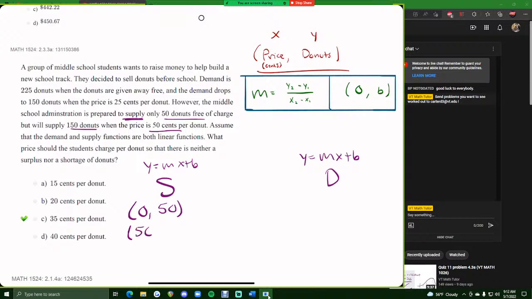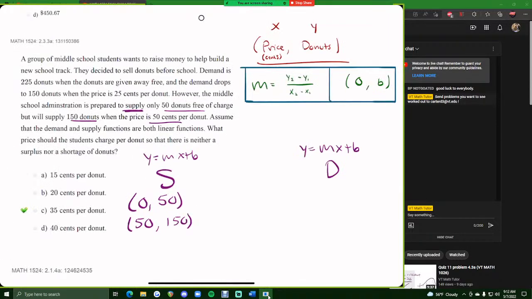So 50 cents is the price, and then 150 is the quantity of donuts. So we have 2 ordered pairs here. Let's go and find the 2 ordered pairs for demand. So the demand is 225 when the donuts are free. So 0, 225. And then 25 cents when they sell 150. So 25 and 150.